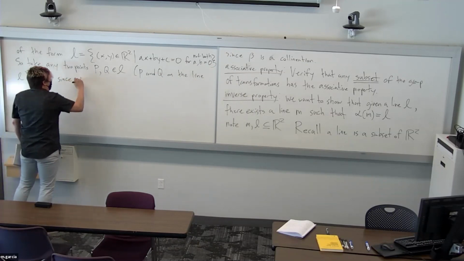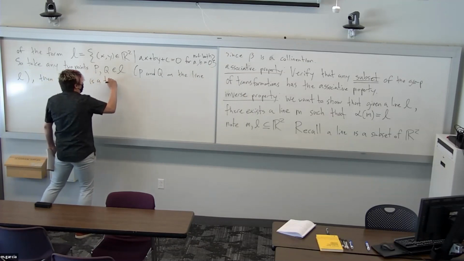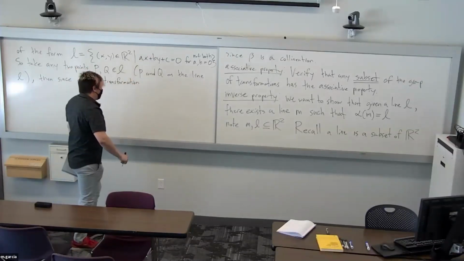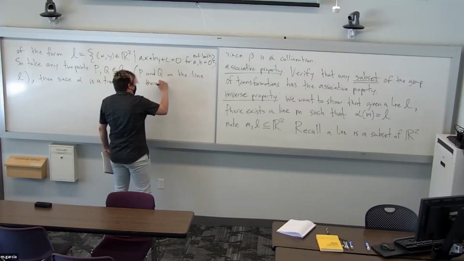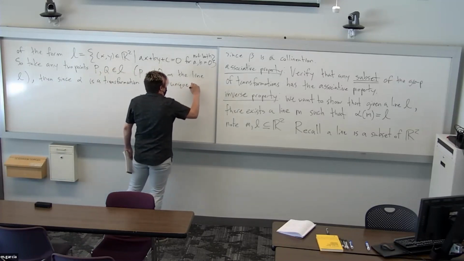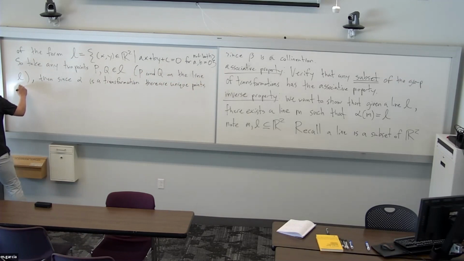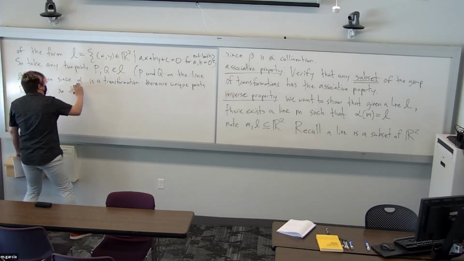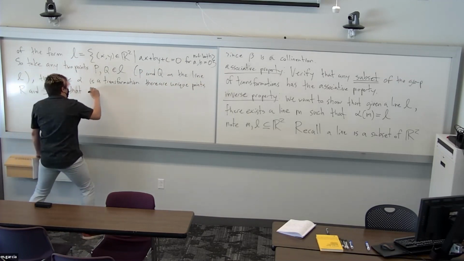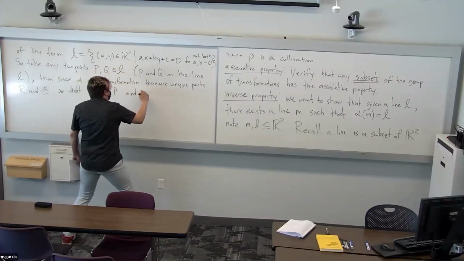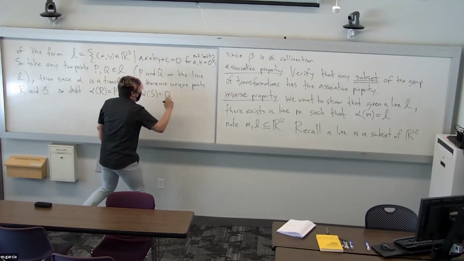Then, since alpha is a transformation, there are unique points R and S so that alpha of R is equal to P and alpha of S is equal to Q.